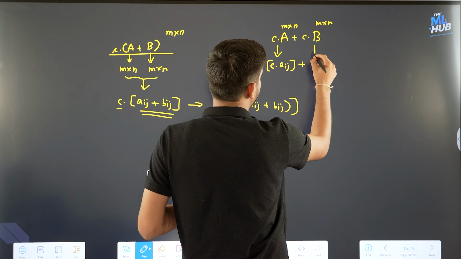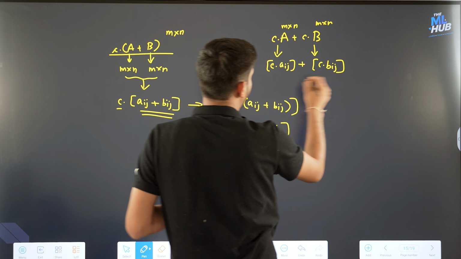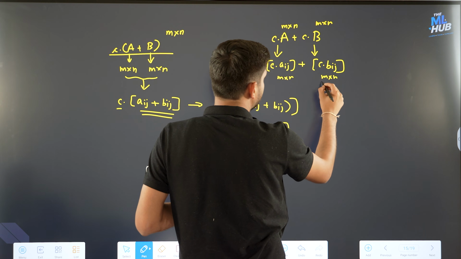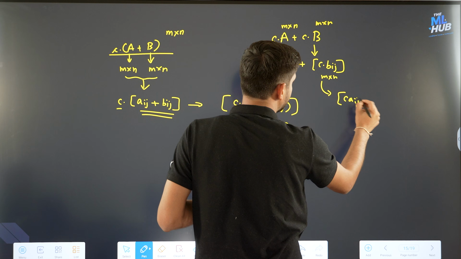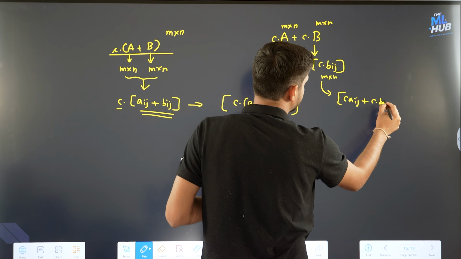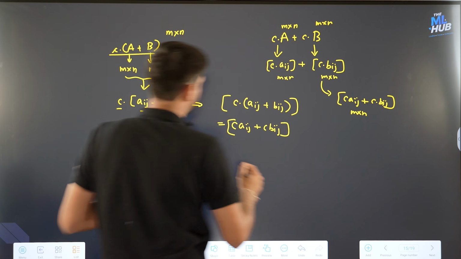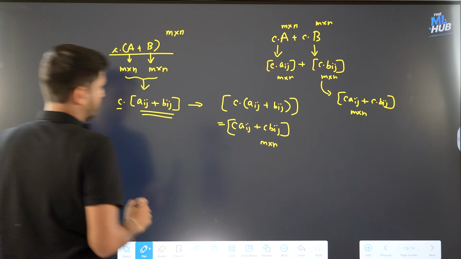And the ijth element of c times B will become c times bij. And these are two m cross n matrices which can be added, and the ijth element of the addition will again be c times aij plus c times bij, right? And this will also be an m cross n matrix. So both are m cross n matrices and the ijth term is exactly the same.